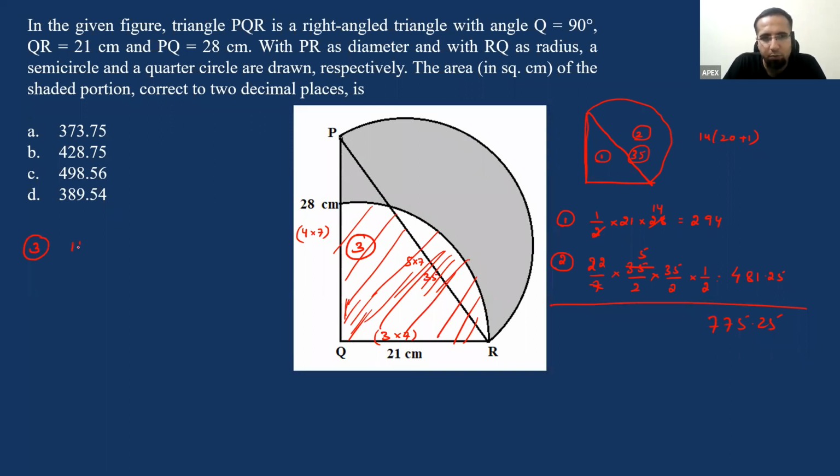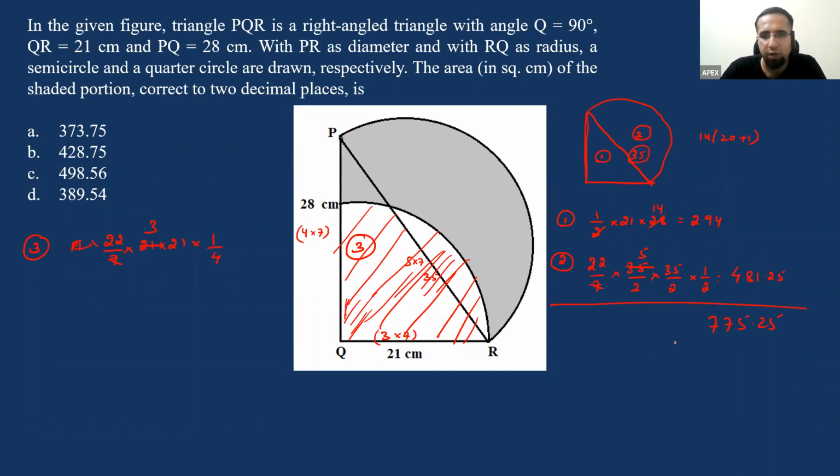Area of part 3 is equal to pi, that is 22 by 7 into r square. R square, r is 21. So the r square becomes this divided by 4. So 7 ones are 7 threes are. So we get 22 into 3 into 21 divided by 4.